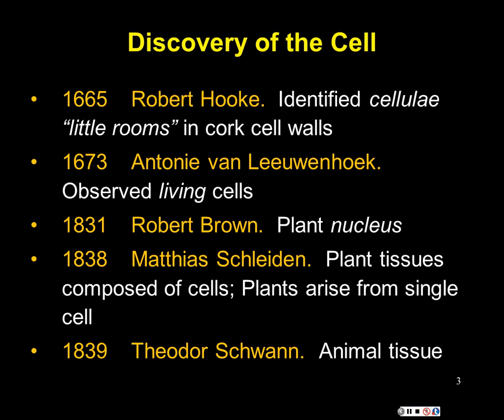We move forward again in the 1800s. Schleiden and Schwann were also studying tissue. Schleiden was working with plant tissue. Schwann was working with animal tissue, which was a big leap. Up till now, most work was with plant tissue because plants are easy to obtain. It's not really unethical to go kill a plant versus a person.